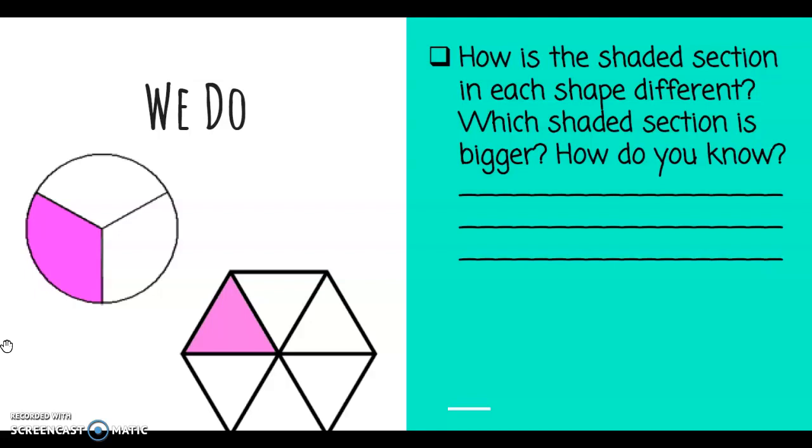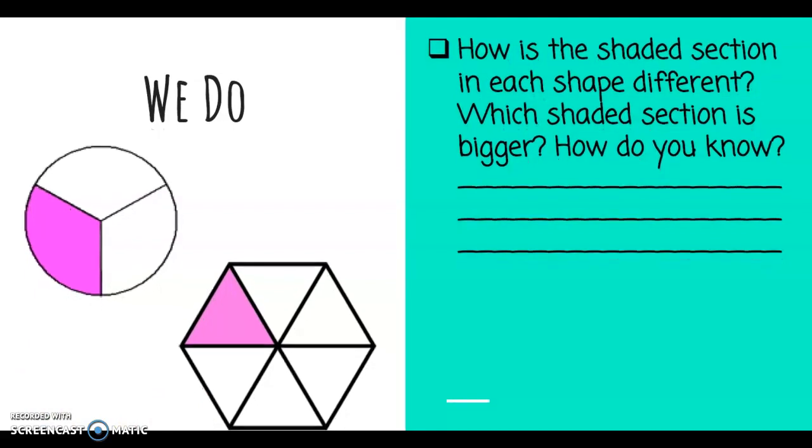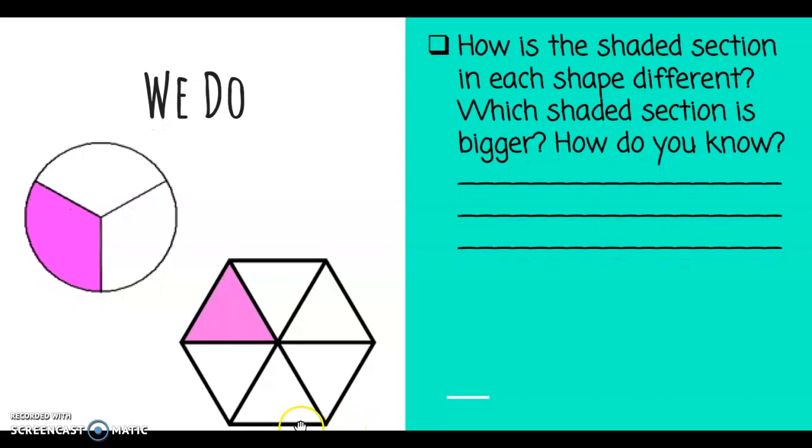Okay. Right away I can look at both of these and see that this section of the circle is clearly bigger than this section of the hexagon.